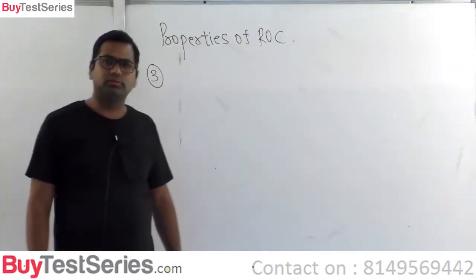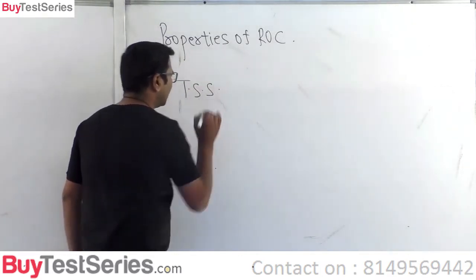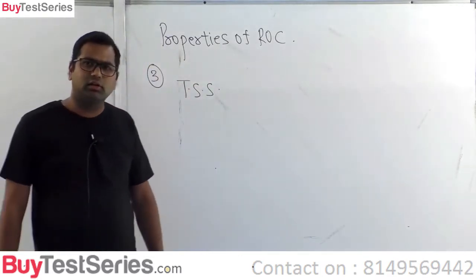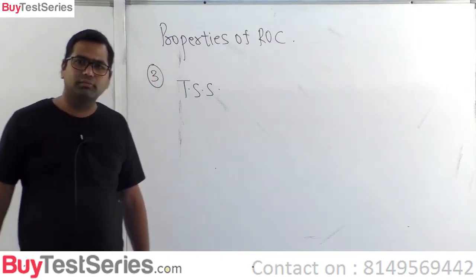Third property, we can have a two-sided signal. A two-sided signal is a signal which contains both u of t and u of minus t.